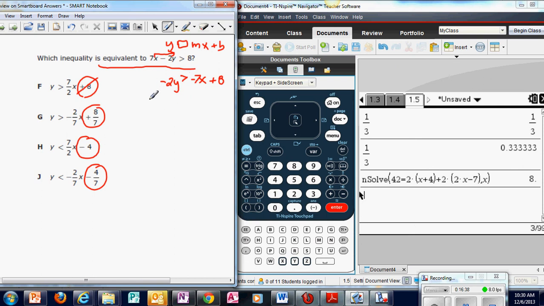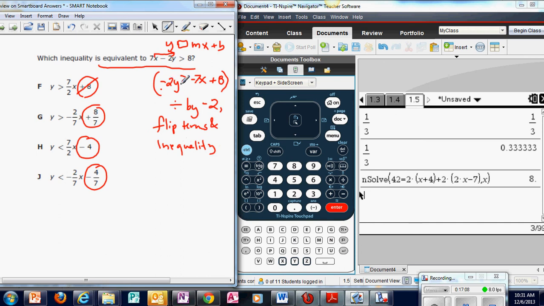So if I'm going to divide everything by negative 2, let's put on everything, divide by negative 2. All that divide by negative 2, flip terms and inequality.